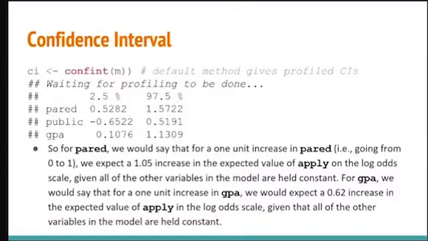Now we may want to get a confidence interval for our coefficient. Of course, you know why we're getting a confidence interval: because a single value could be wrong. In statistical analysis, if I really want to know how much to rely on the estimate, then I need to construct a confidence interval.